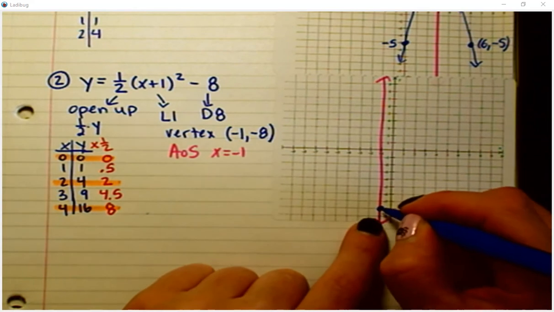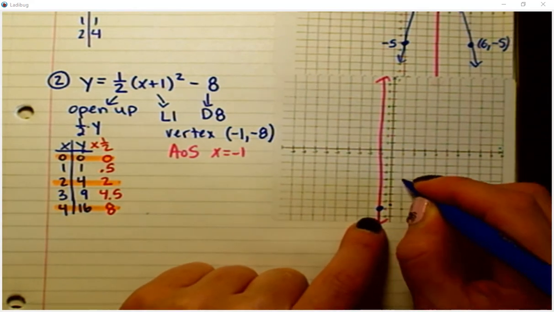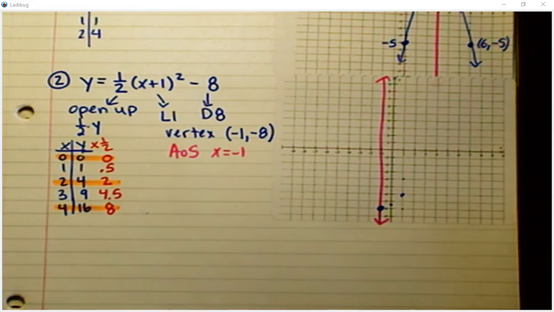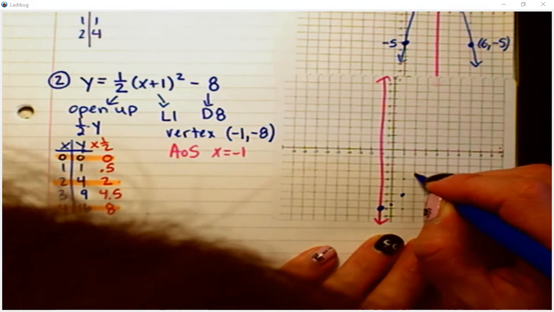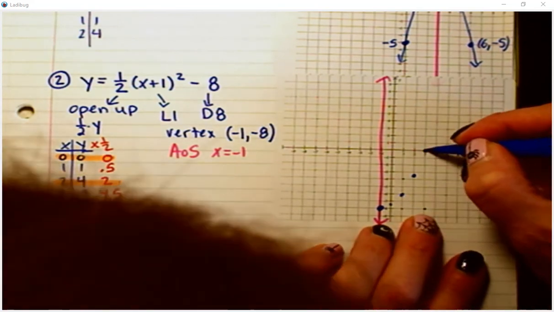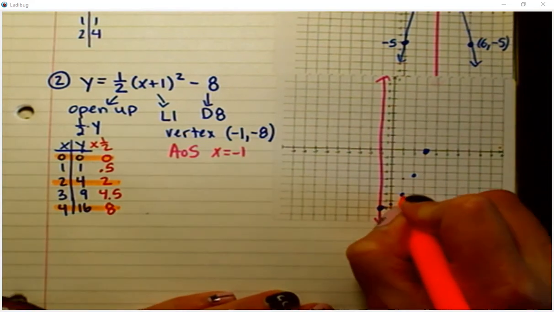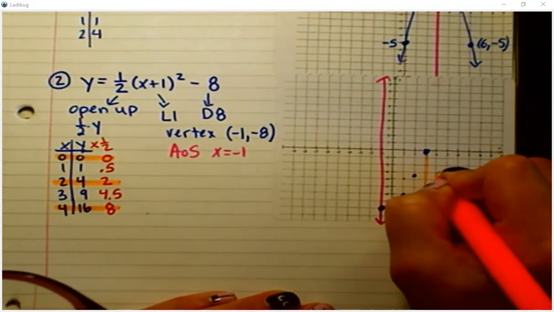Which, okay, if I know my numbers, 1, 1 halved, 2, 4 halved. You can do it all on the graph. Okay, 3, 4 and a half, 4, 8. Okay, so I'll just jot them. So I'm going 2, 4, 4, 8.